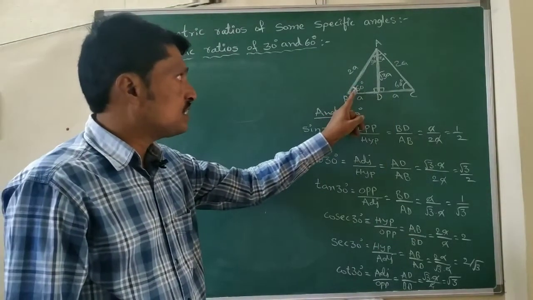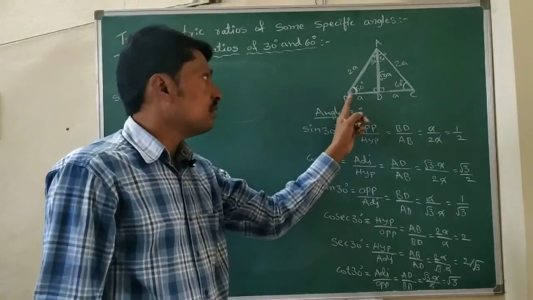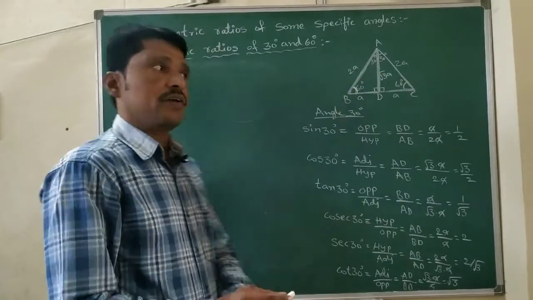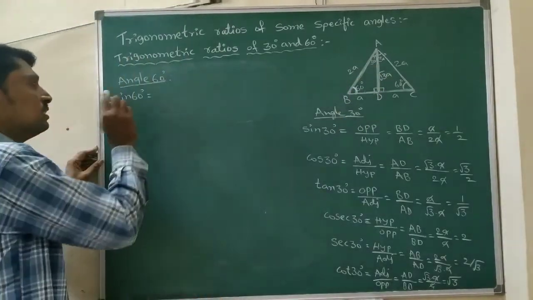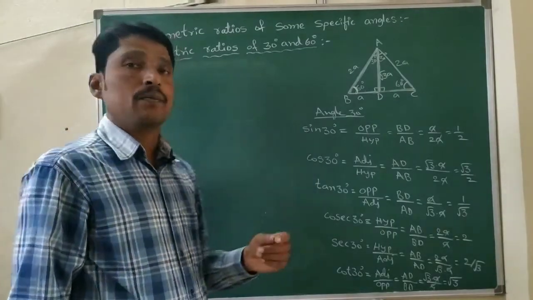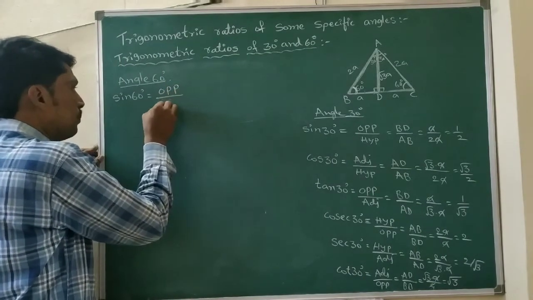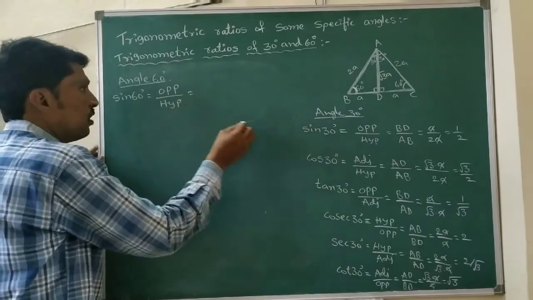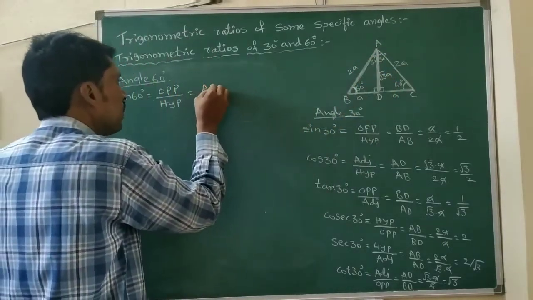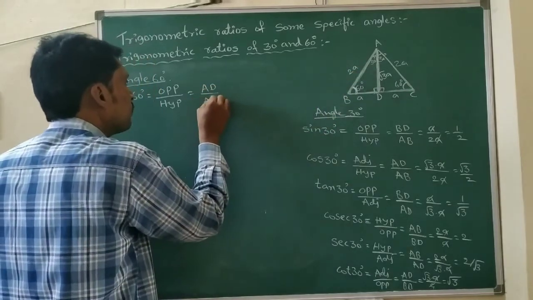So for 60 degrees, AD is the opposite side, BD is the adjacent side and AB is the hypotenuse. So what is sin 60? Opposite side to angle 60 by hypotenuse. So opposite AD by hypotenuse AB.